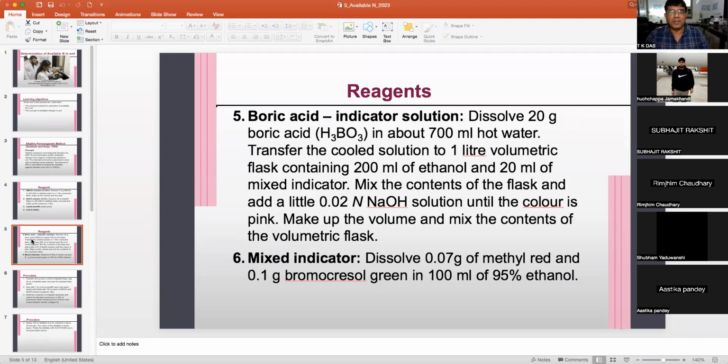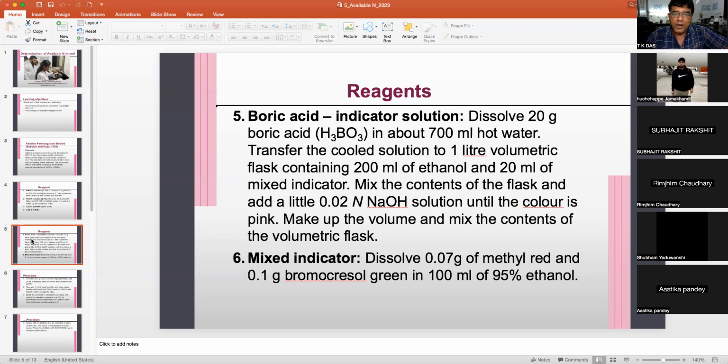Boric acid mixed indicator solution, as we prepared in the last case: dissolve 20 gram boric acid in about 700 ml hot water. Transfer the cooled solution to a 1 liter volumetric flask containing 200 ml of ethanol and 20 ml of mixed indicator. Mix the content of the flask and add a little 0.02 normal sodium hydroxide solution until the color is pink.